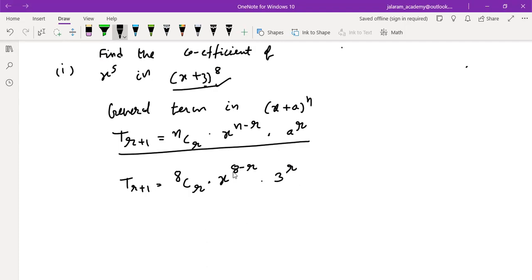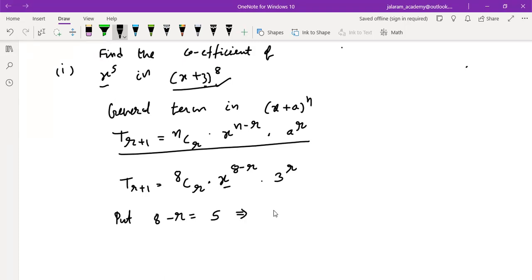Now we have to find the coefficient of x to the power 5. But the power of x here is 8 minus r. So we put 8 minus r equals 5 to make it x to the power 5. We have to find only the coefficient, but first we find the value of r.